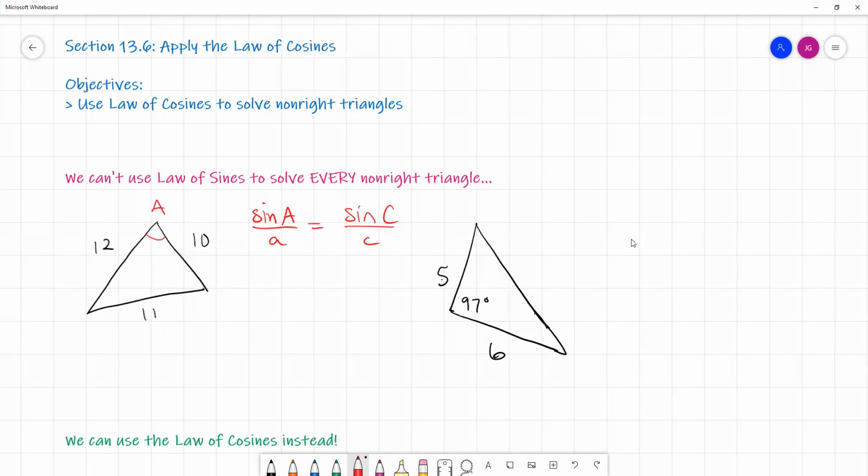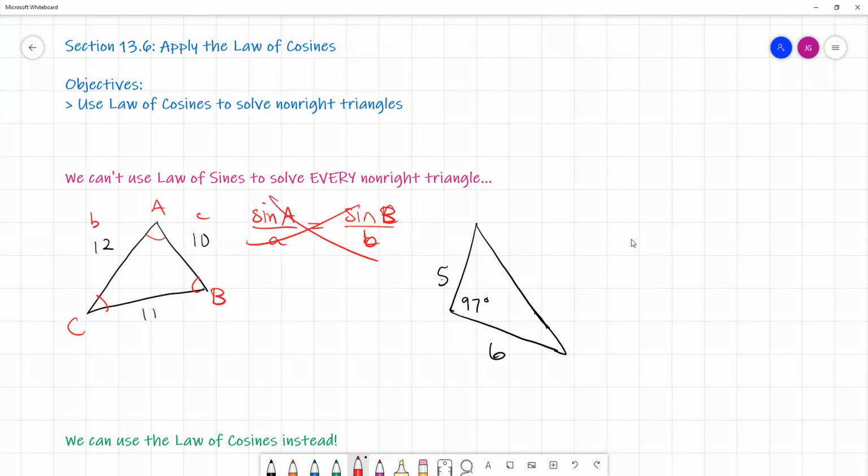Well, I can't use that one because I don't know angle C. I might know side c. Let's say that this one was angle C and this was side c. I know side c, but I don't know angle C, and so this has two unknowns. Same thing if I replace this with angle B and little b. I still am missing angle B. So we can't use the law of sines there.